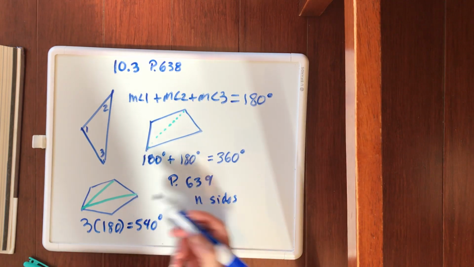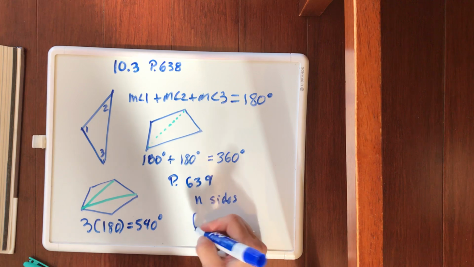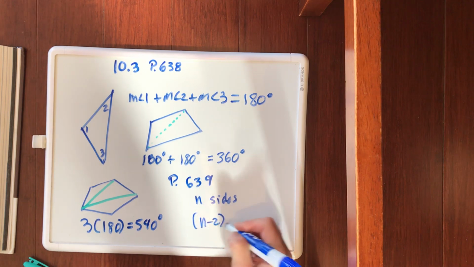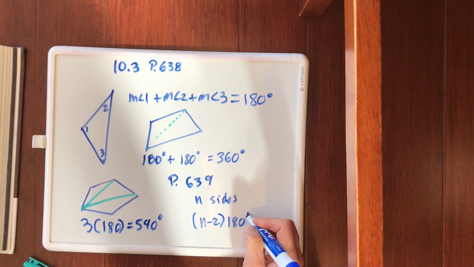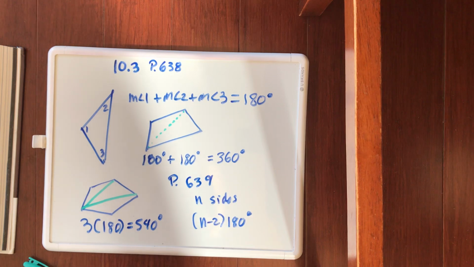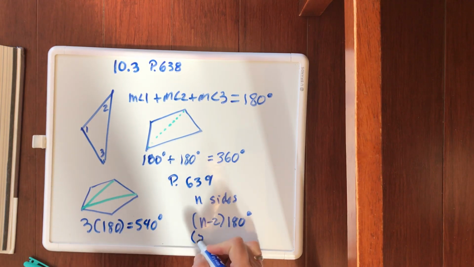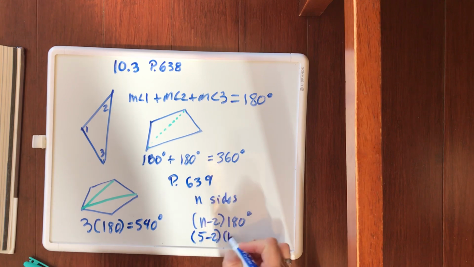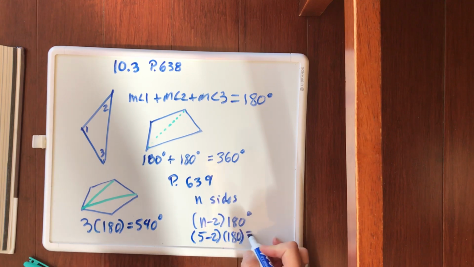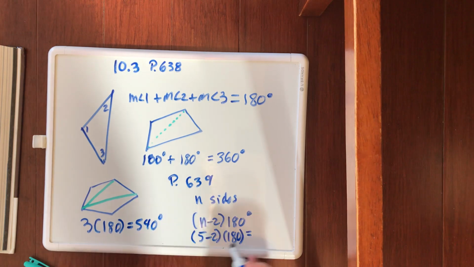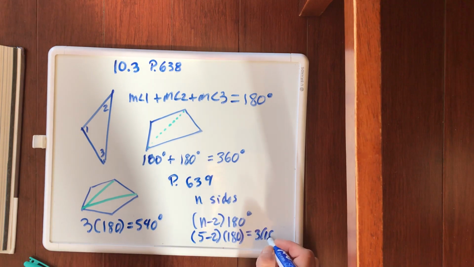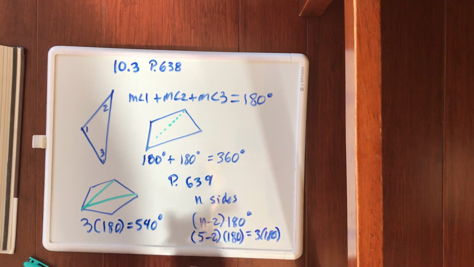We had 5 sides. So with n sides, n minus 2 times 180 degrees will be the answer. So in this case we had 5 sides, so we would put a 5 in here. 5 minus 2 times 180, which equals 3 times 180, and 540. So we got the same answer.